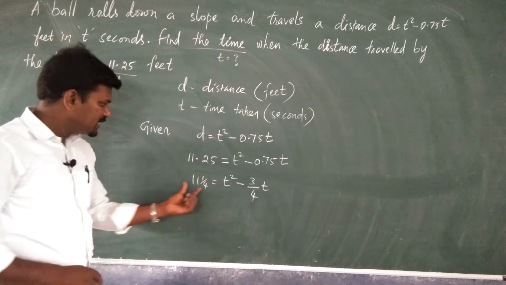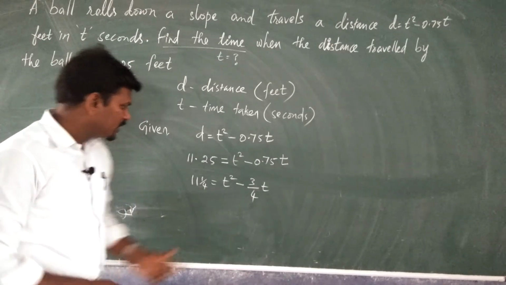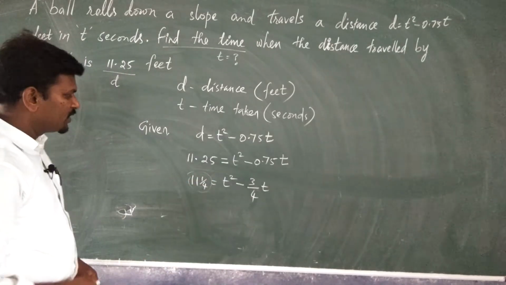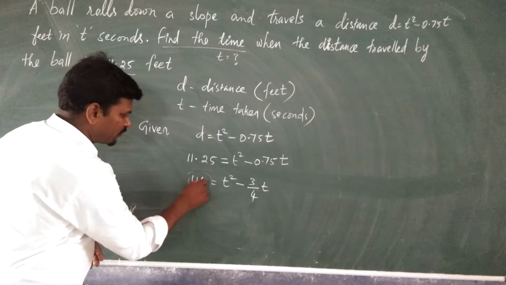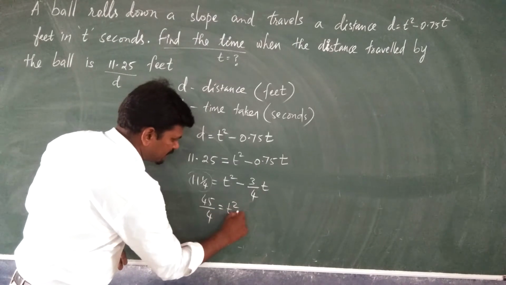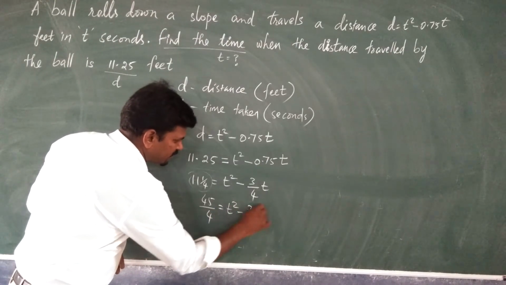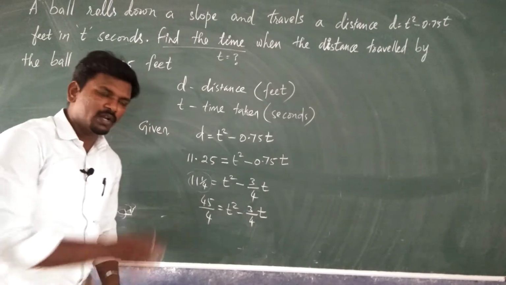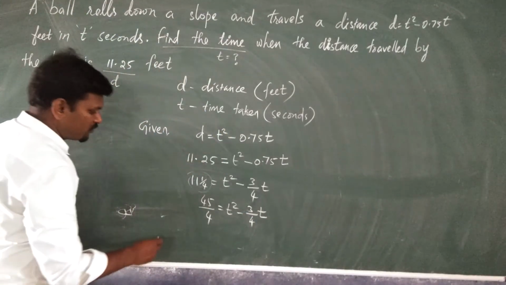In each term we have a denominator, so first we write this mixed fraction as an improper fraction: 11 fours are 44, plus 1, 45 by 4 is equal to t square minus 3/4 t. Then, to remove this 4, we multiply all the terms by 4.